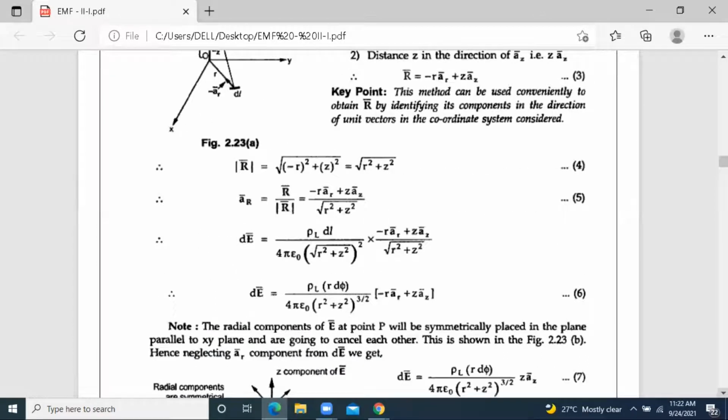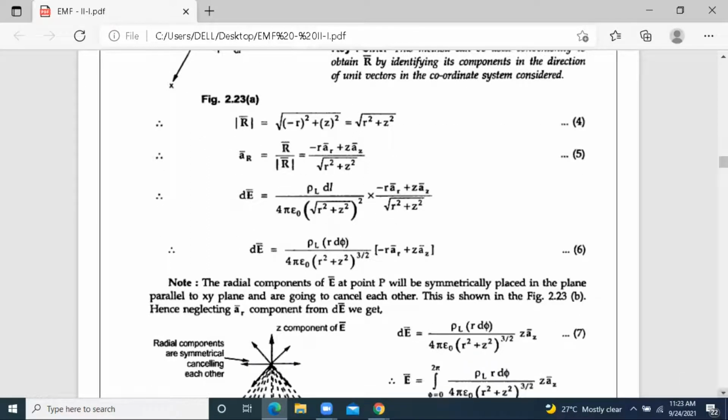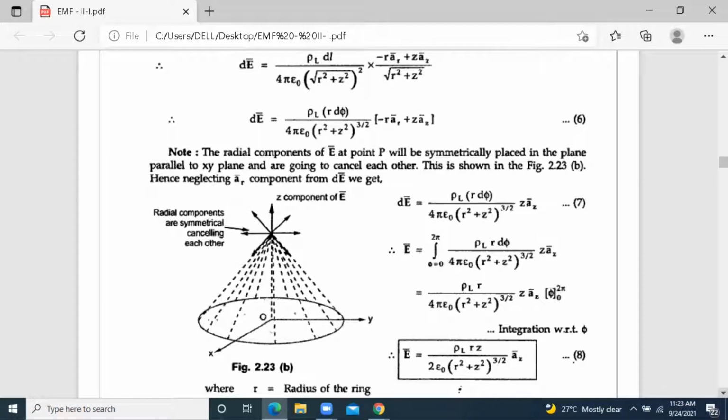And you do your substitutions. Your dE is rho L dL, and your a_R is this. When you simplify this mathematics, you come to this.